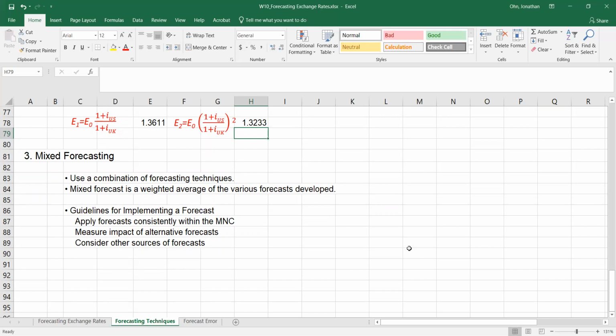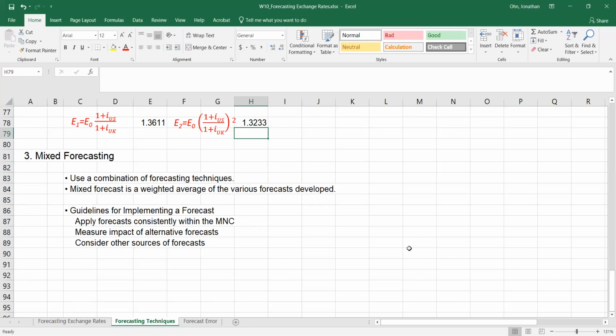Guidelines for implementing the forecasts: apply forecasts consistently within the MNCs. If you use this forecasting model, you have to use the same approach for every subsidiary, everything, right? If you lose consistency, then the forecasted outcome might not be acceptable.